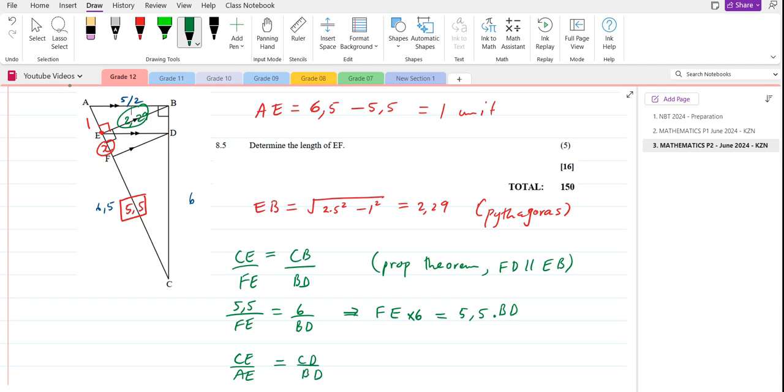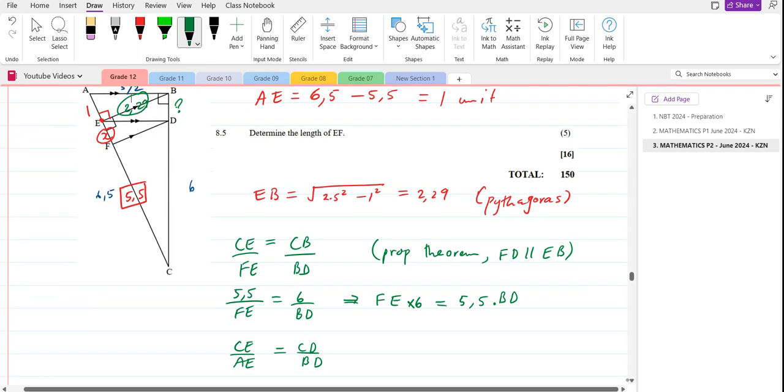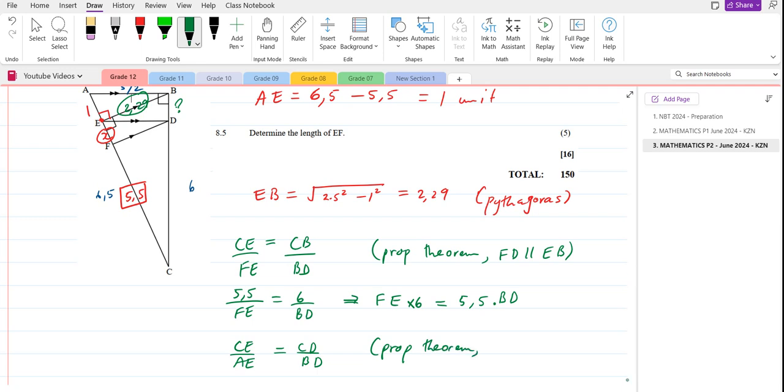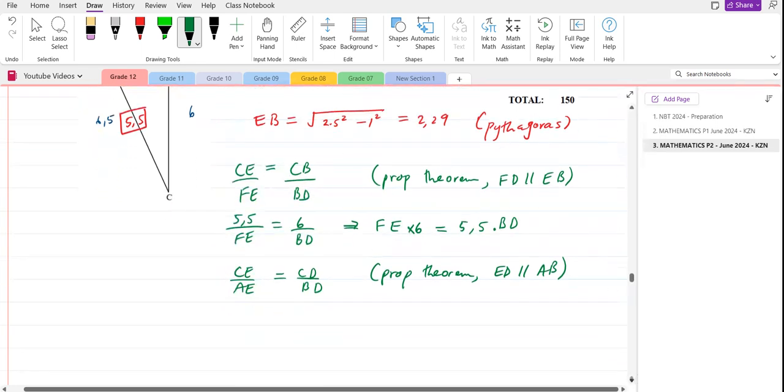Now we can find, because we got CE over AE, we do have that. And then we can find CD over BD, then we can get BD. If we get BD, then we can solve this problem. This is also prop theorem, because ED is parallel to AB, right?